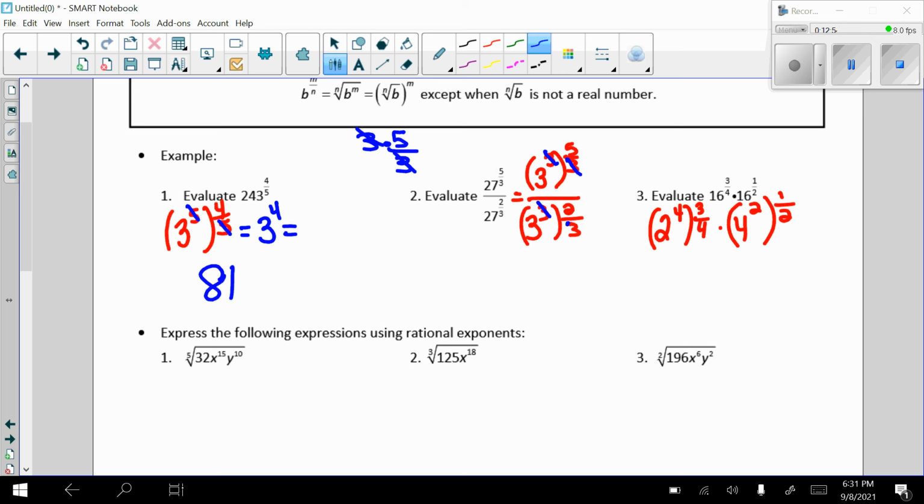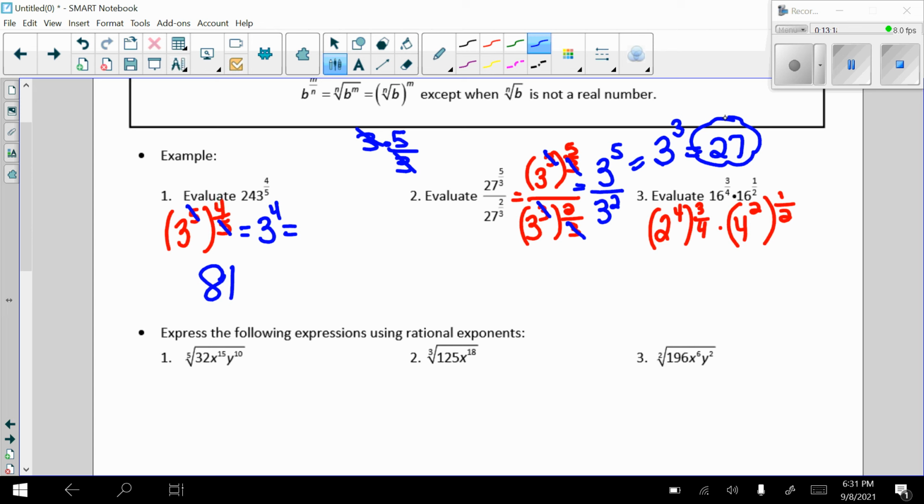And the same thing happens here. Okay, so what we wind up with is 3 to the 5th divided by 3 squared. 3 to the 5th divided by 3 squared, you would subtract your exponents, and we would wind up with 3 cubed. And again, you should know that that is 27.